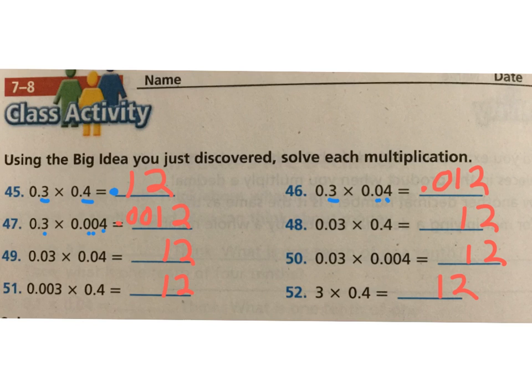All right, so I have 1, 2, 3 numbers. So I need 1, 2, 3 numbers. And there is my 12 thousandths. I got 1, 2, 3, 4. So I need 1, 2, 3, 4. 12 ten-thousandths. Number 50, 1, 2, 3, 4, 5.